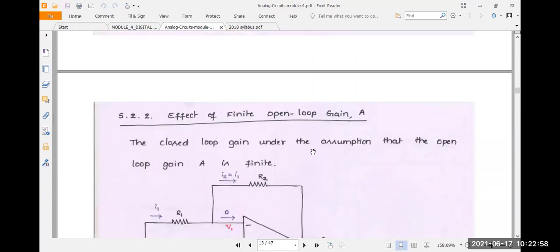This is 6 marks. This one is a repeated question for the V2 exam. Understood?